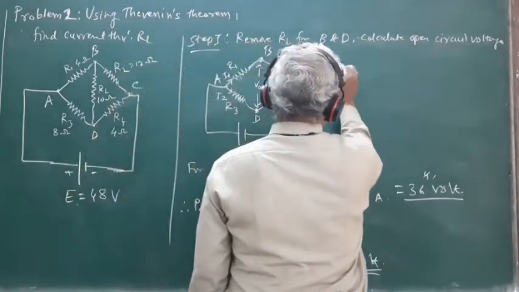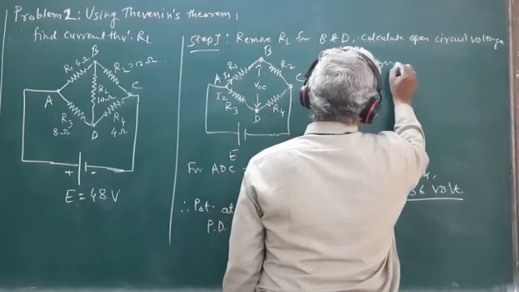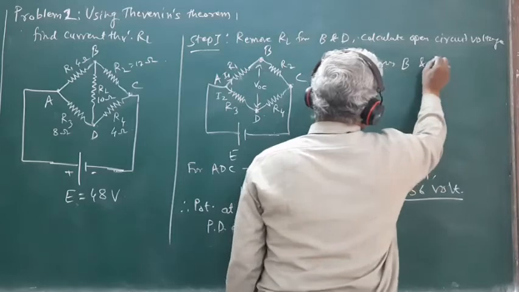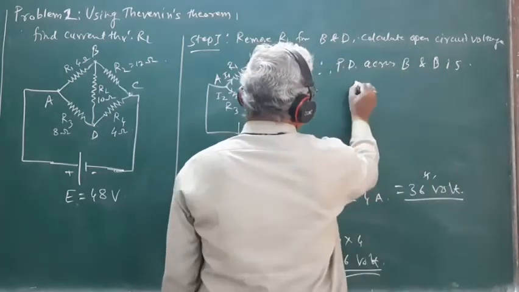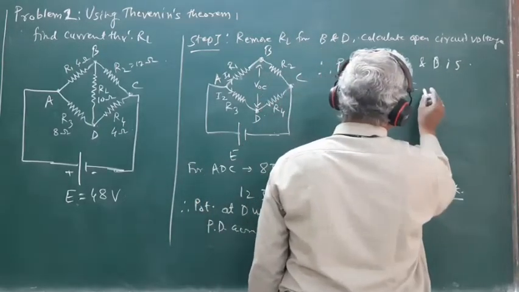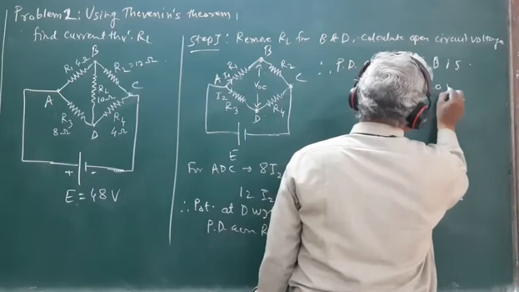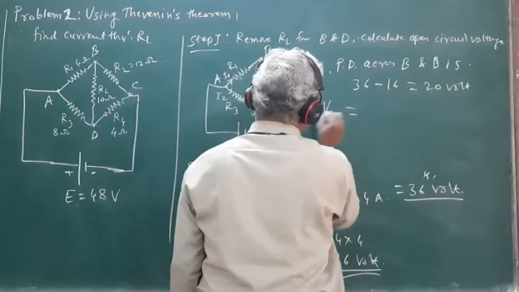Therefore, PD across B and D is 36 minus 16. So this works out to be equal to 20, and this is in fact the value of VOC.